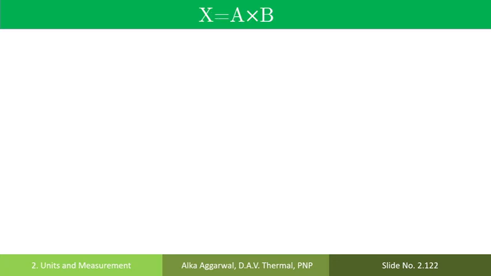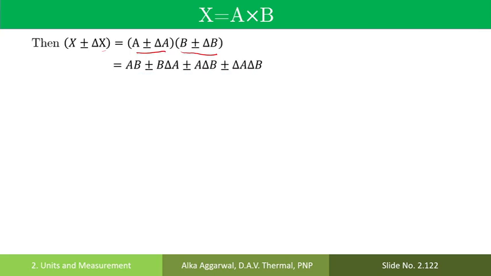The next operation is multiplication. Now see, we are going to multiply the measured quantities A and B. Then the result with error is written as X plus minus delta X equals A plus minus delta A times B plus minus delta B. Now on multiplying this, we get this result.